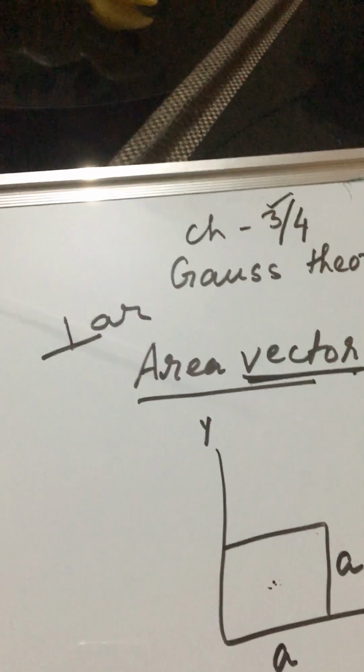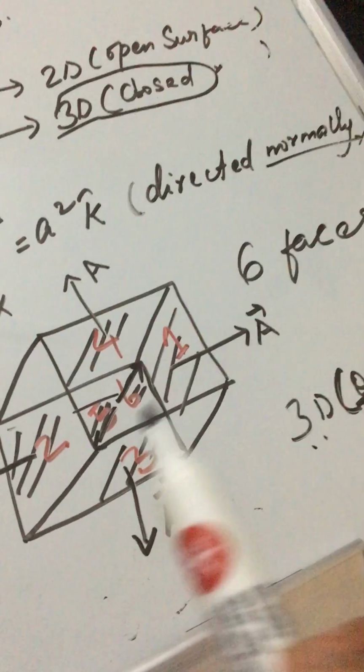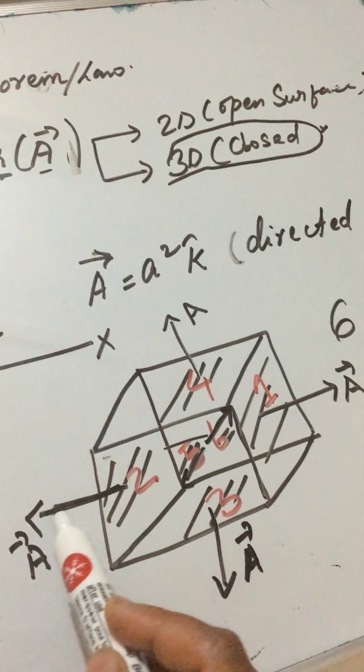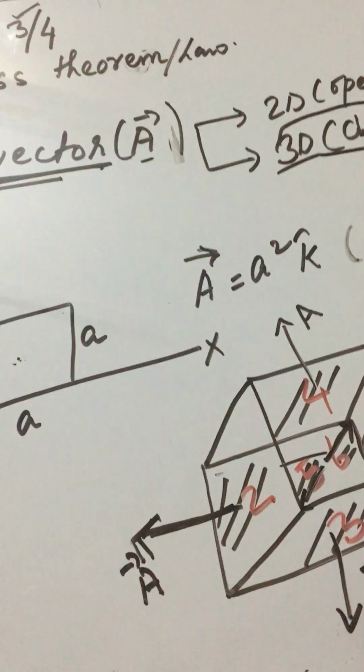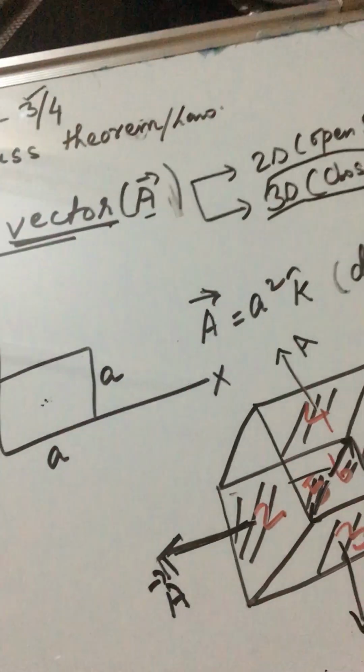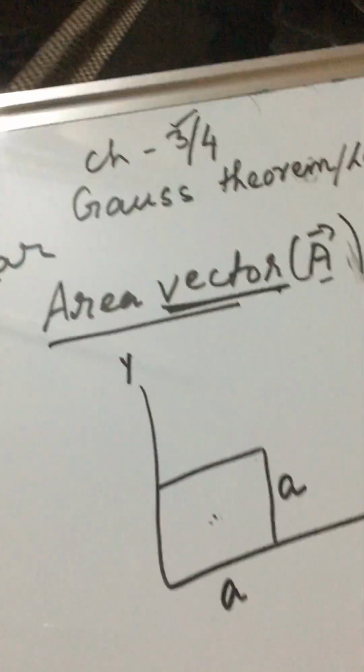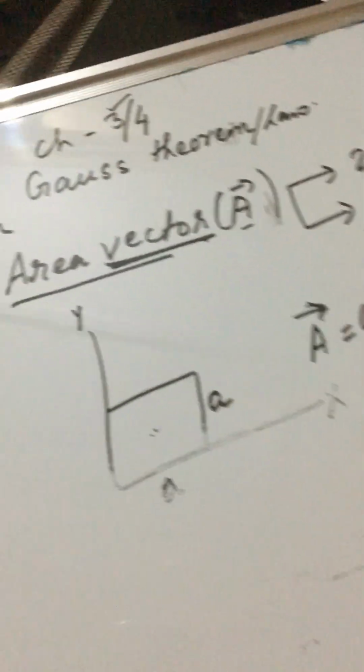Then for a closed surface, we have to take that perpendicular component which is pointing outward. Clear?